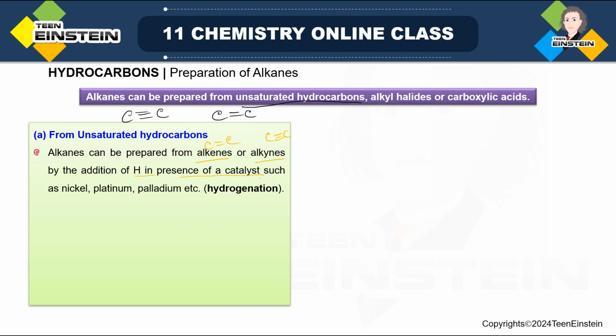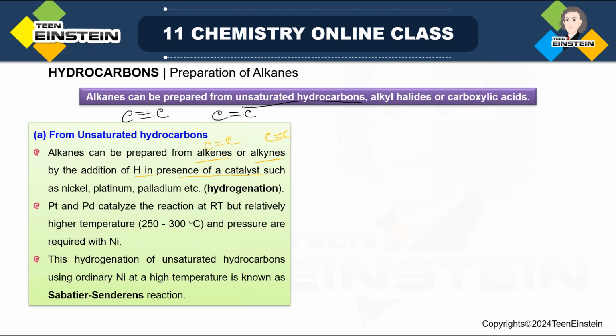We will also see that when we discuss the preparation methods of alkenes or alkynes in some other class. Here Pt and Pd, platinum and palladium, catalyze the reaction at room temperature. But if you take nickel, you have to give more temperature.